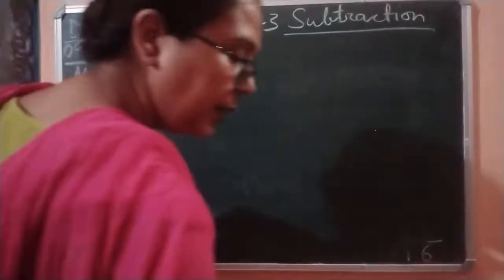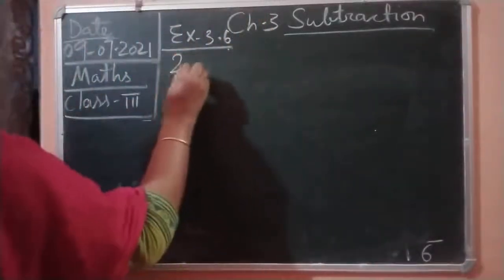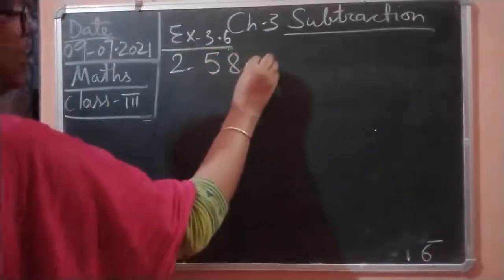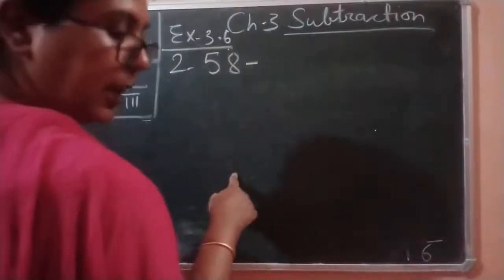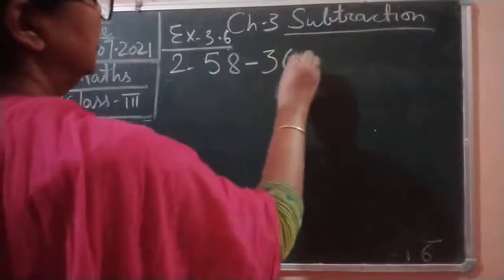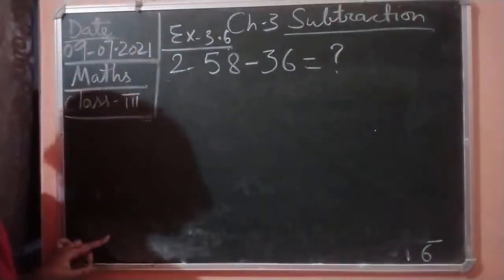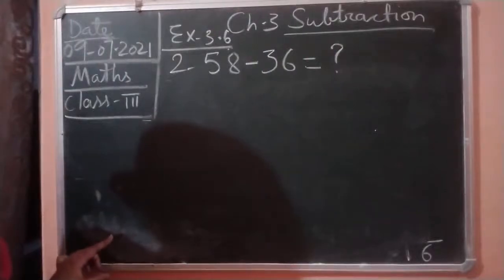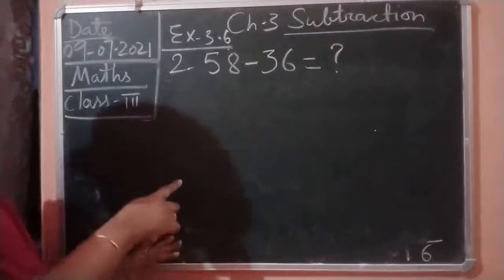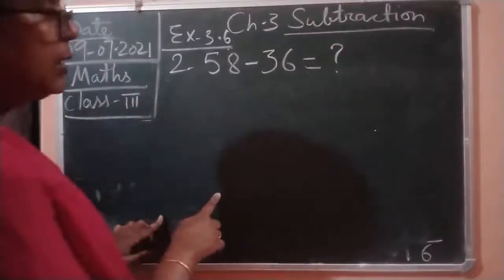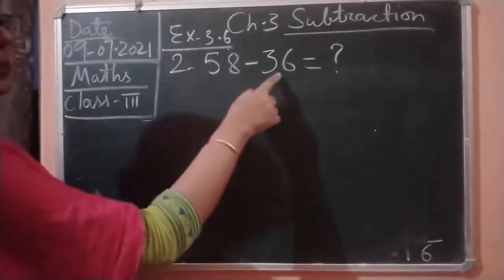Number 2 is 58 minus 36, and we have to create a question for it. We are going to make a word problem on the given numbers. Now let's start making a word problem on this 58 minus 36.